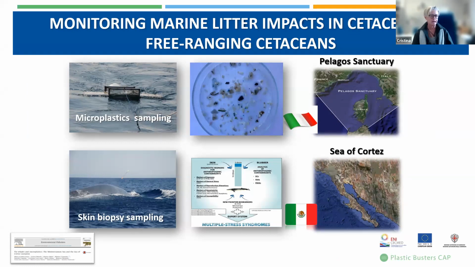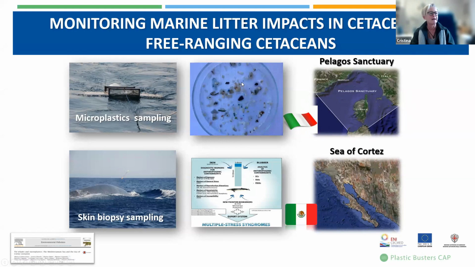Here we have an example in which we compare the presence of microplastic in the Mediterranean Sea, particularly in the Pelagos Sanctuary, that is the marine protected area, with an area of control, that is the Sea of Cortez in Mexico.